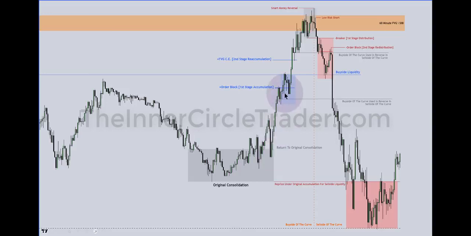So again, just make sure you understand that. Sometimes you will only have one point of accumulation and not have a return to original consolidation. It might just rip higher, give you one opportunity to go in, and then run real quick, and after that, bleed lower. So it has a lot of different variances to it, which is why I said that you have to understand everything that I teach to be well-versed with trading market maker models.